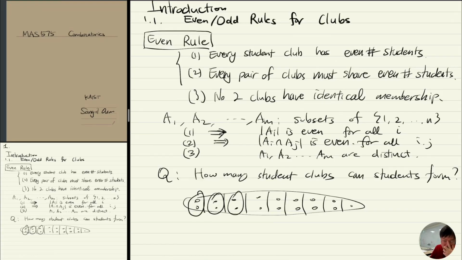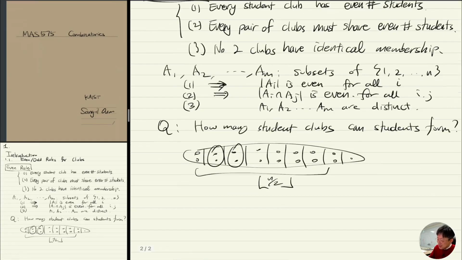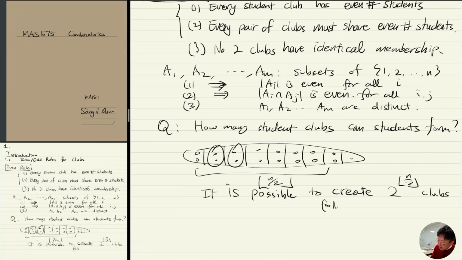In other words, you just take all possible subsets of these pairs, and the number of pairs is n over 2, let's take a floor. So it's possible to create 2 to the n over 2 clubs following the even rule.